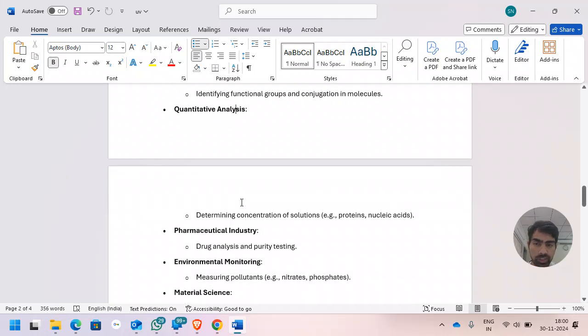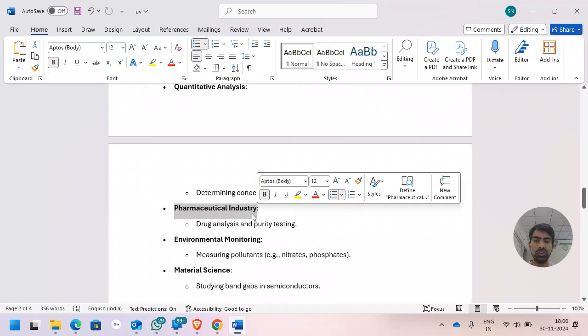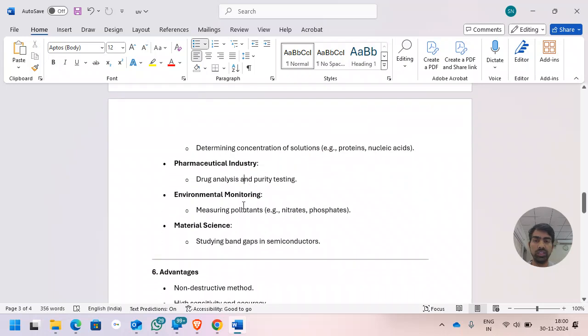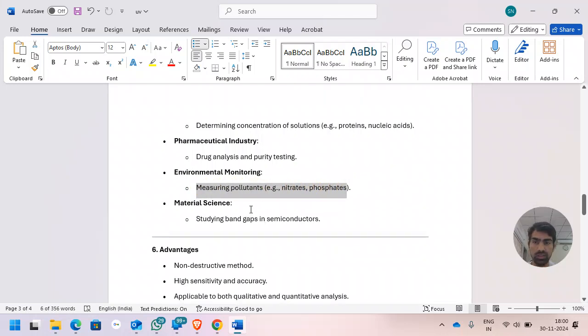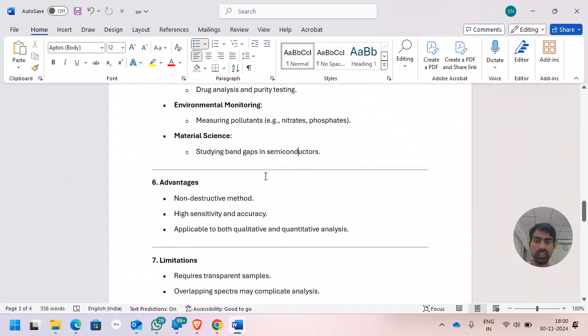In the pharma industry, they check drug purity. In environmental work, they can analyze water, such as nitrates, sulfates, and fluoride. In material science, they also study colors.